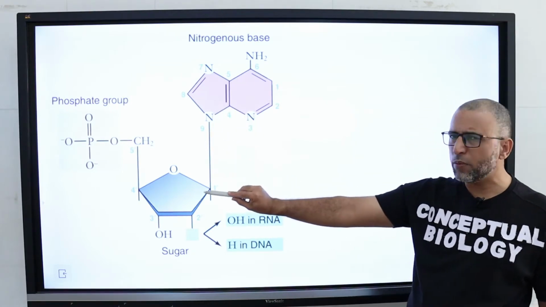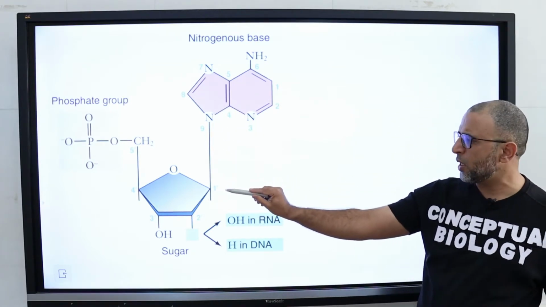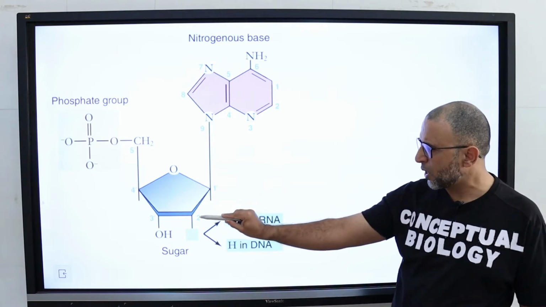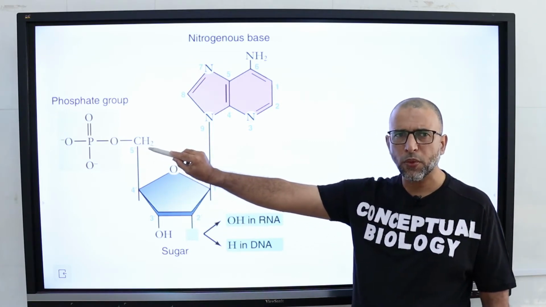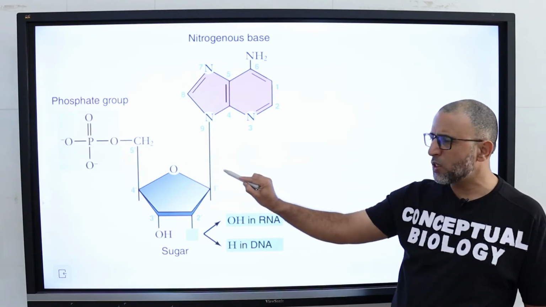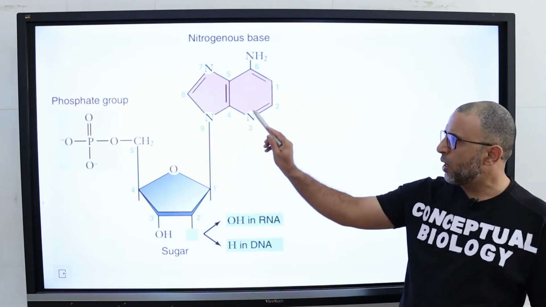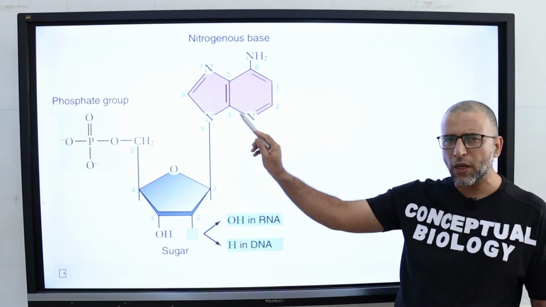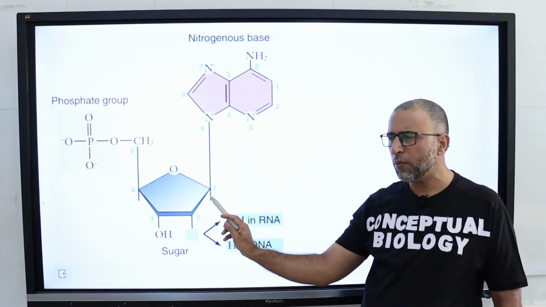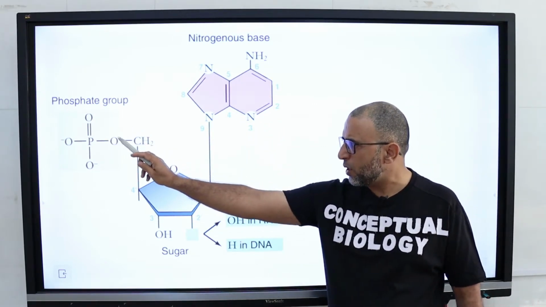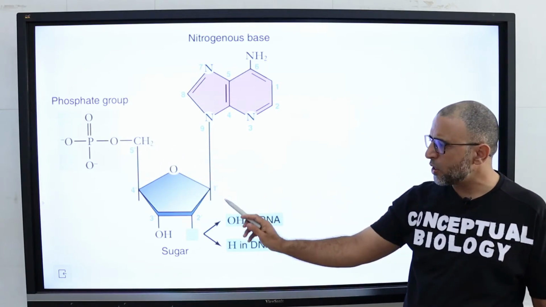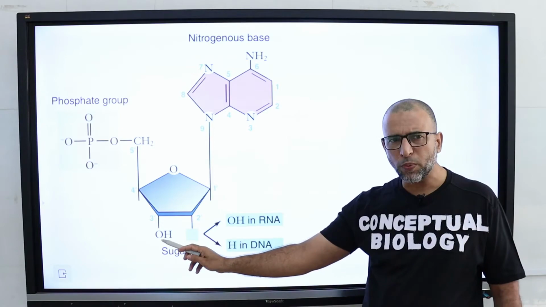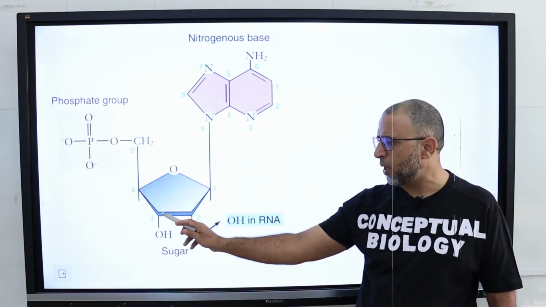But the carbon atoms in a sugar are numbered as first prime, second prime, third prime, fourth prime and fifth prime. Proceeding clockwise from oxygen atom, a nitrogenous base is attached to first prime carbon and phosphate group is attached to fifth prime carbon. In addition, a free hydroxyl group is attached to third prime carbon.